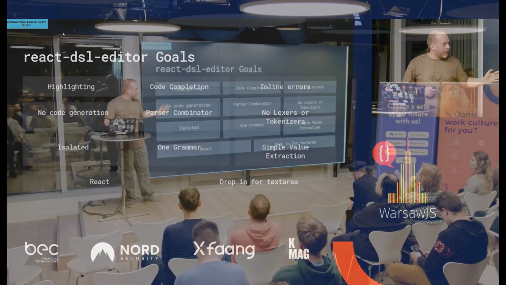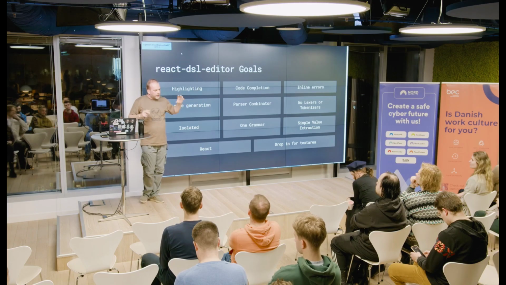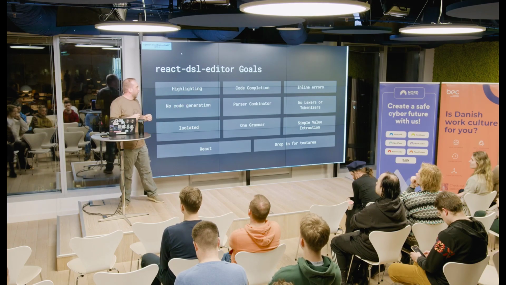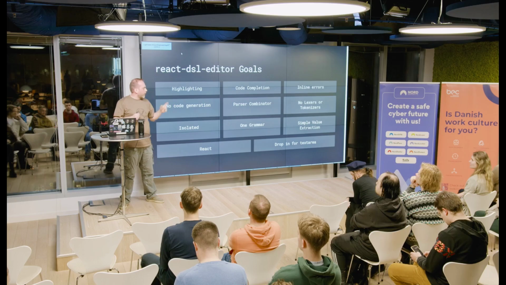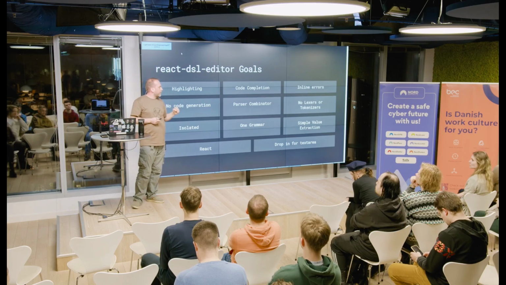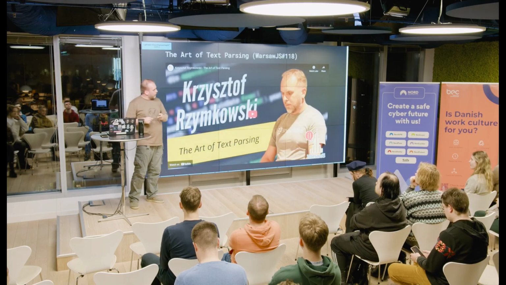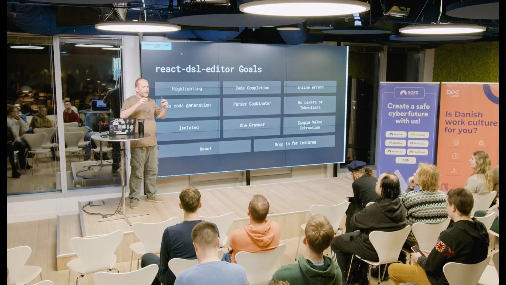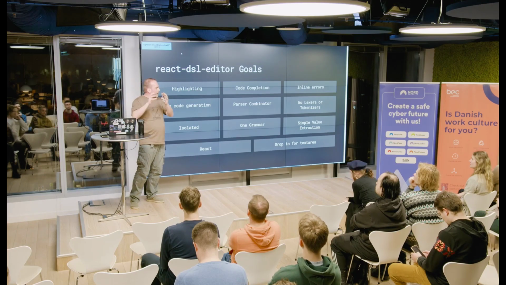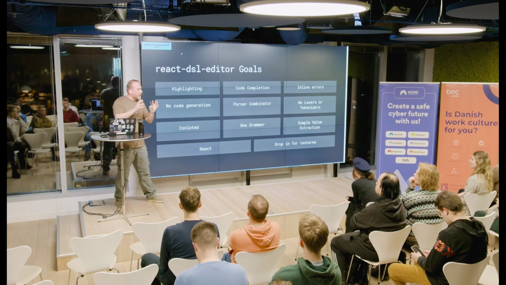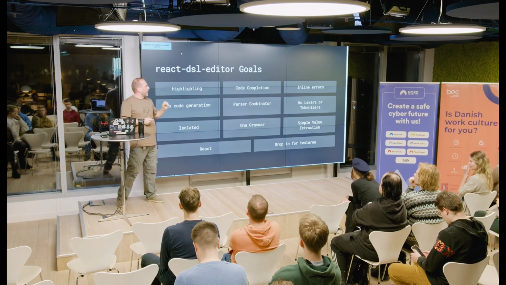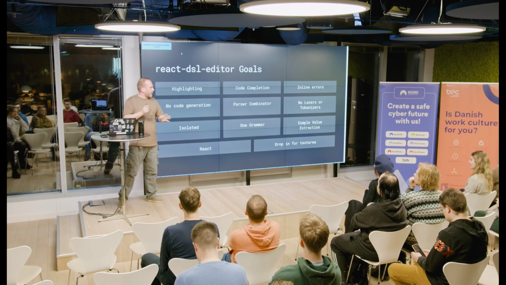I didn't want any code generation, so I used the parser combinator pattern. I'm going to show it in a moment, an idea of how it works. I also did a talk on that. So it's a really convenient way of building parsers from smaller parsers, like building blocks of patterns, like a component way of building patterns. And there's no lexers or tokenizers that I find actually confusing.